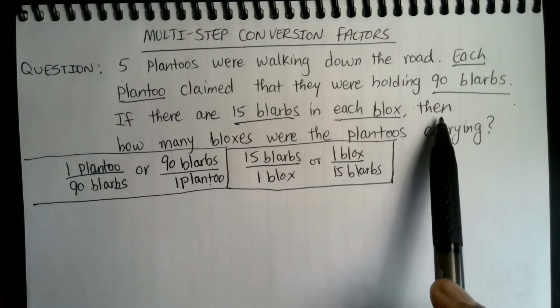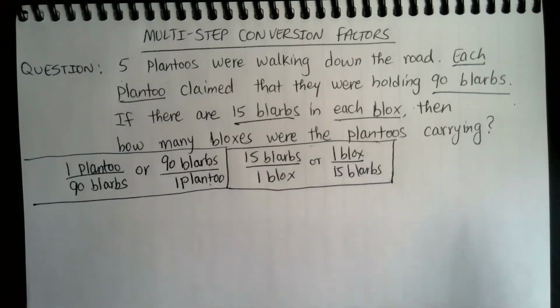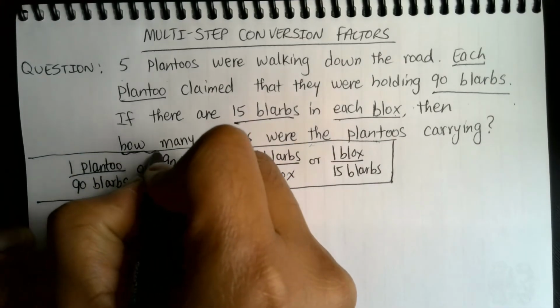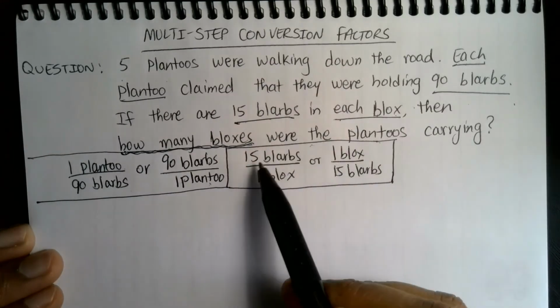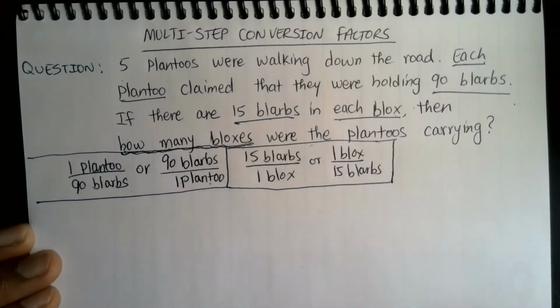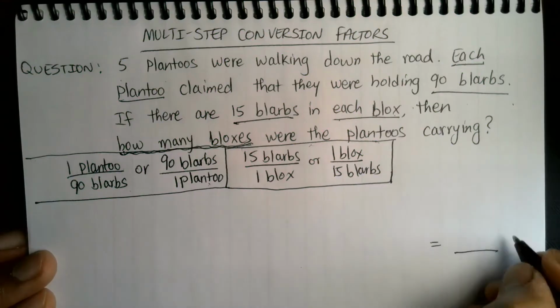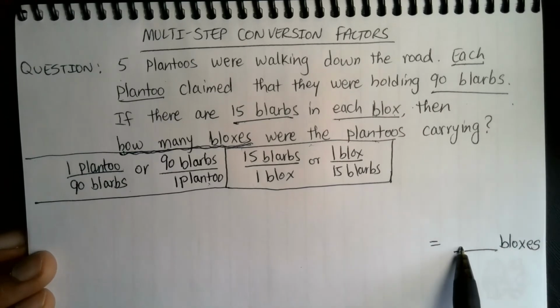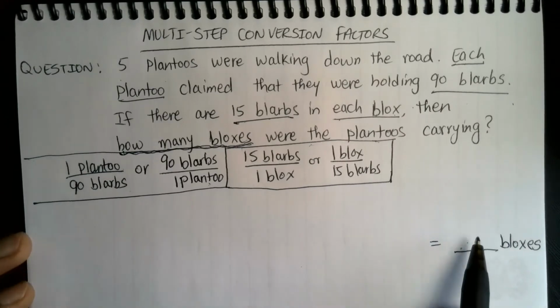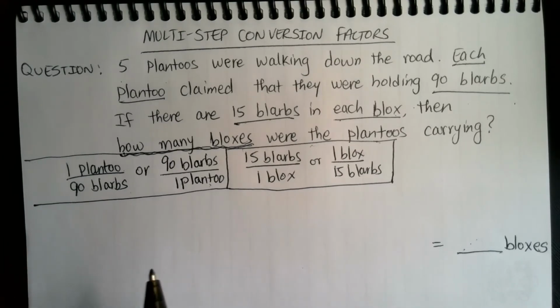Okay? The question is asking you, then how many blocks were the Plantus carrying? How many blocks is the question, right? Whatever the question is, how many blocks, that is what goes in the far right side of the page. How many blocks we don't know. Okay, that's our end goal. We need to reach there. How can we reach there? We have to start from what's given, what we know as a fact of the situation.